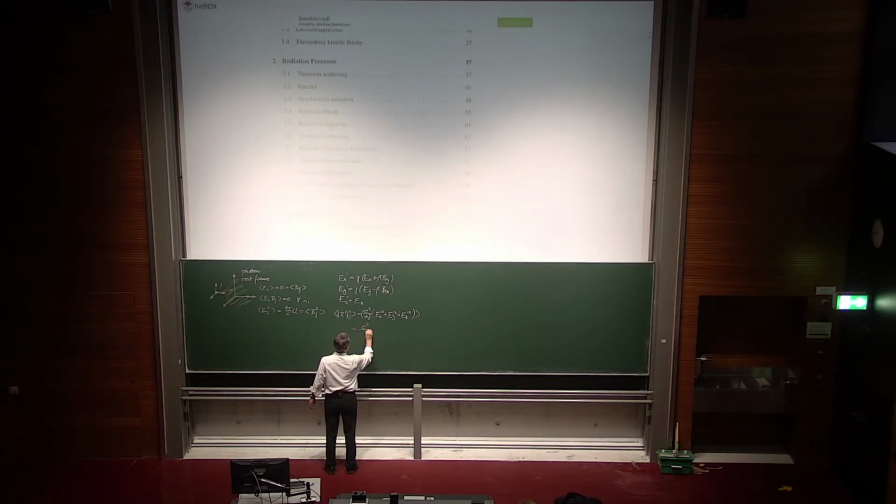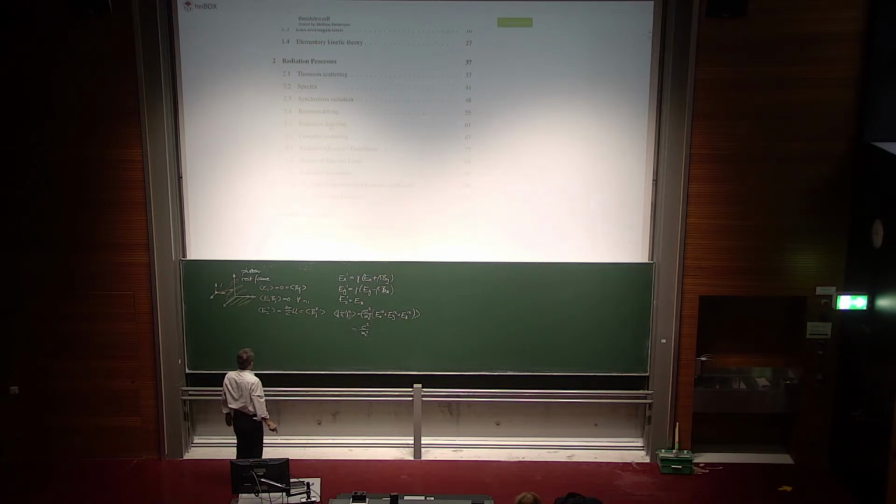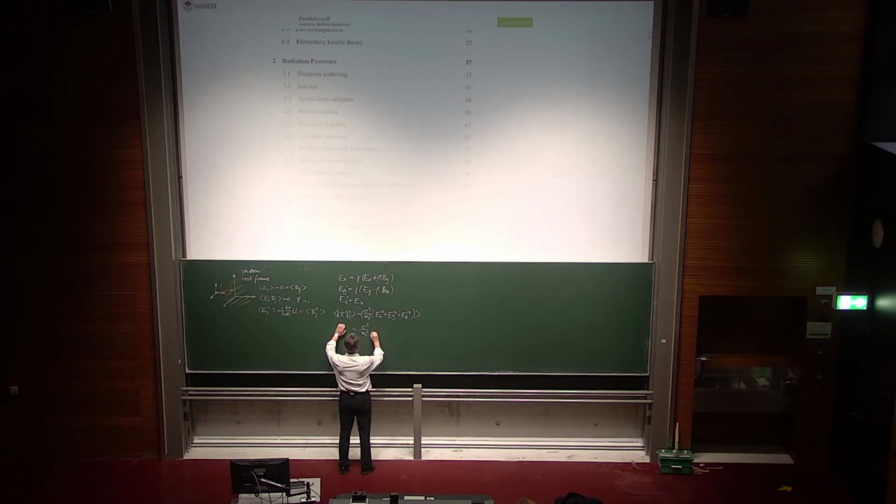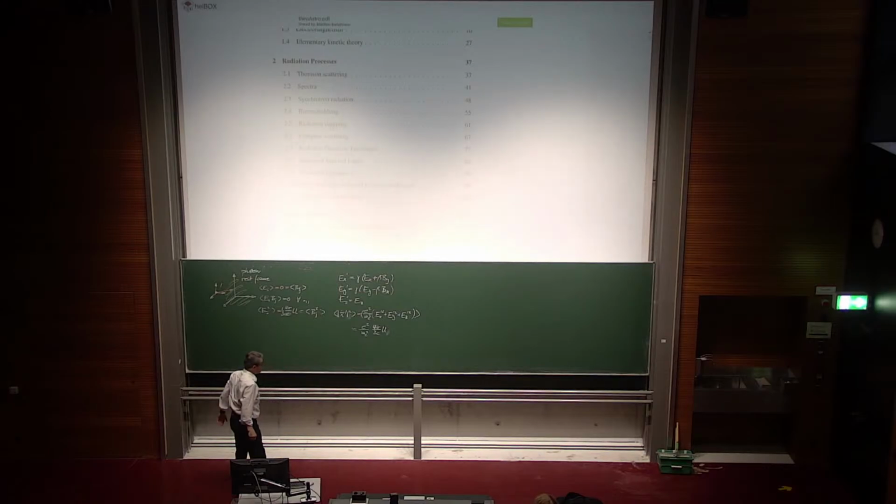And I get e squared divided by m_e squared times Ex squared plus Ey squared plus Ez squared. Sorry. I need to take a factor of a third into account if I take just one component of the fields. So I'm getting 4 pi divided by 3c times the energy density in the electric field.